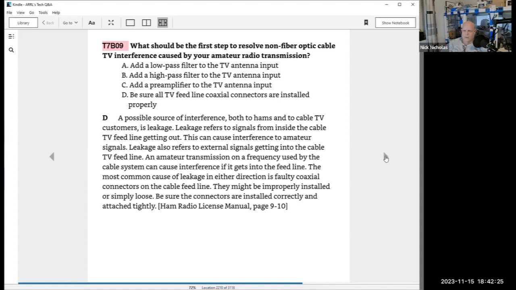They just say installed properly. The connectors are installed properly. The fact is, if you're getting interference from a cable company, it's leaking somewhere, and usually there's a connector not tight.